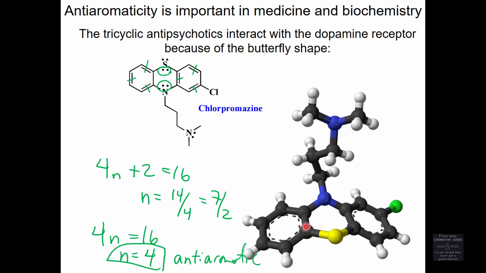If it weren't that shape, it wouldn't fit the right receptors in people's bodies to be an antipsychotic. So the shapes of molecules are super important, and if that molecule were aromatic, it would be totally flat, not fit the right receptor. So it is kind of useful. Okay, more benzene stuff next.